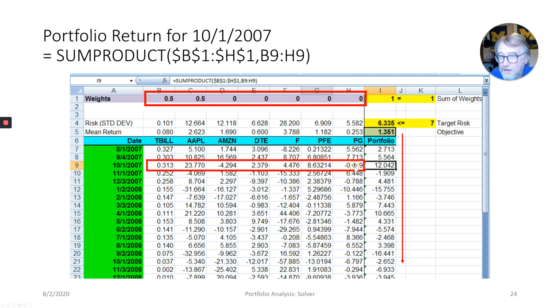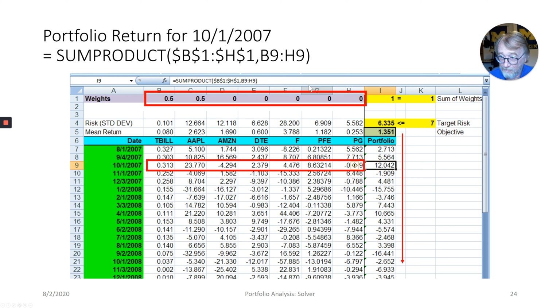So for this portfolio, that puts half of our portfolio into T-bills and half into Apple. For this particular month, October 2007, we would have gotten a 12% return. So this is like a what-if. What if we would have done this? This is what you would have gotten, a 12% return.